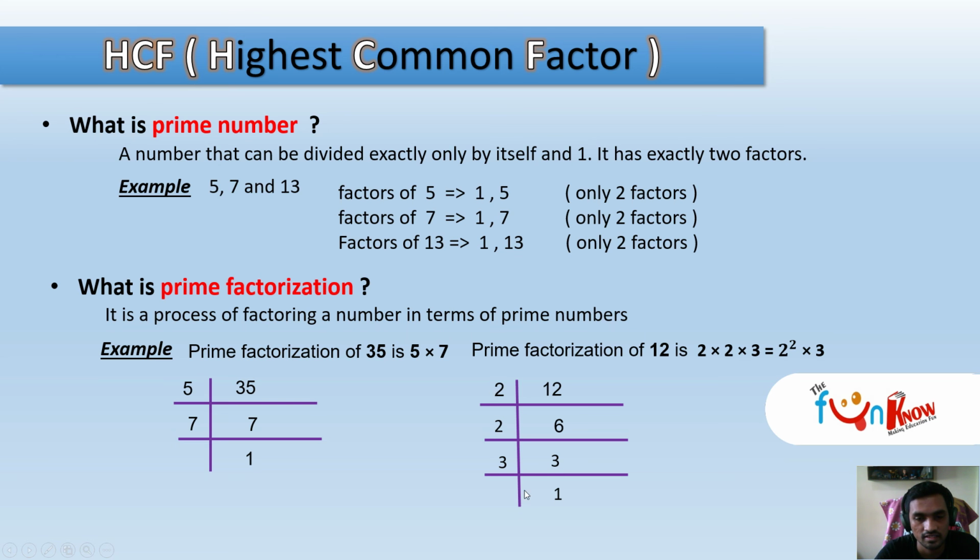So finally you have these three numbers, which are the prime factorization of 12: 2, 2 and 3. You can write it like this also, 2 square multiplied by 3. Here you are writing it in exponential form. So 2 multiplied by 2 multiplied by 3 can also be written as 2 square multiplied by 3.